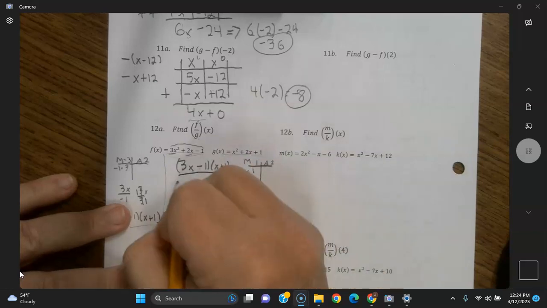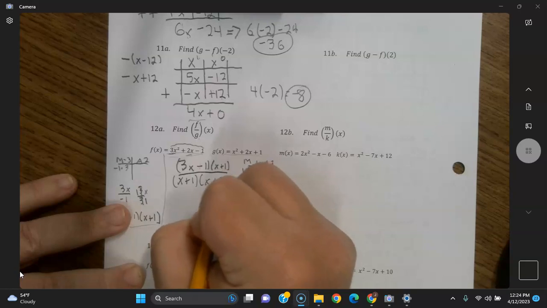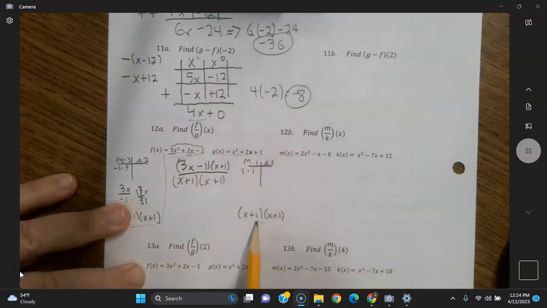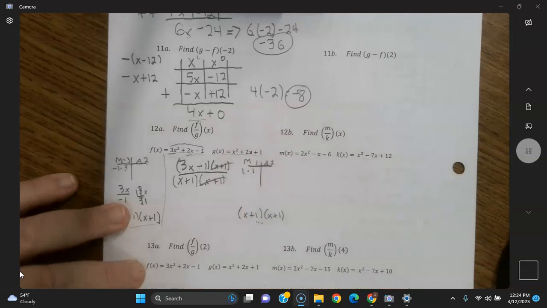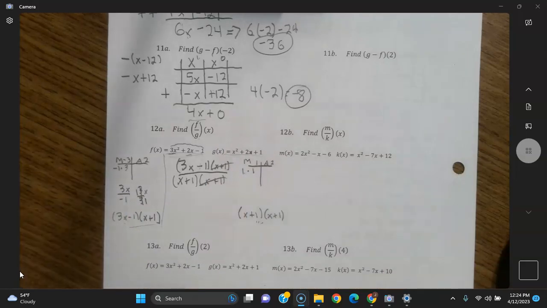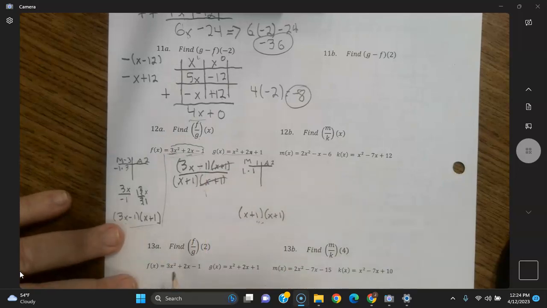Over x plus 1 times x plus 1. That's this one factored like that. And what you see is that this cancels with this. And so this is your final answer.